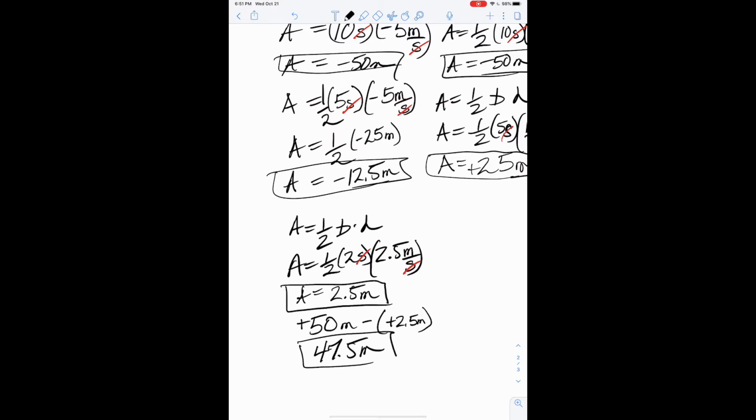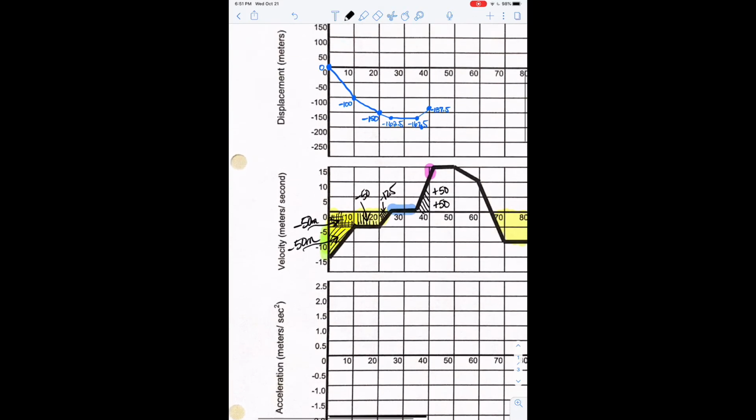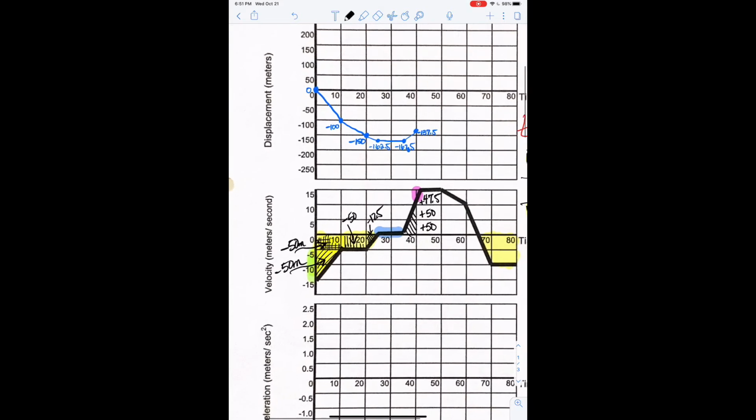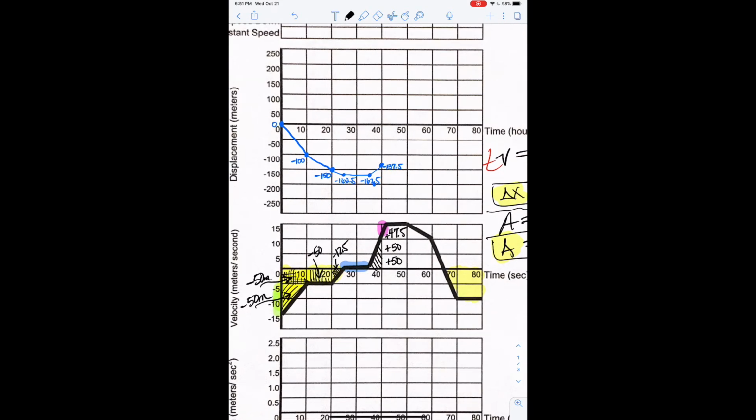All right, hopefully that makes sense for why we're going to call this area right here 47.5. It's not really a box. Okay, so in the next 10 seconds, we're going to go forward 147.5. We are at negative 137.5. So I want to say then we should be at positive what? Think about that.